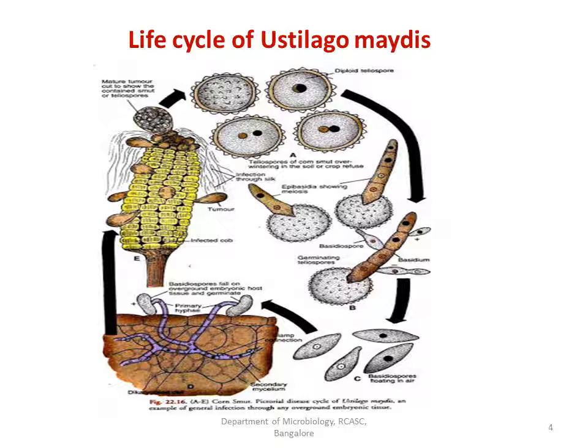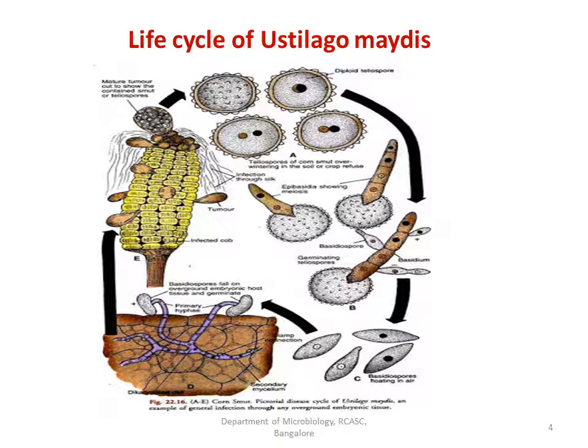This teleospore has high resistance. It can withstand high temperature, and it is in a dormant phase where even with a lack of nutrition it can survive in the soil and overwinter. During the spring or summer season, under favorable conditions, the nuclei of the teleospore undergo karyogamy to form a diploid cell.